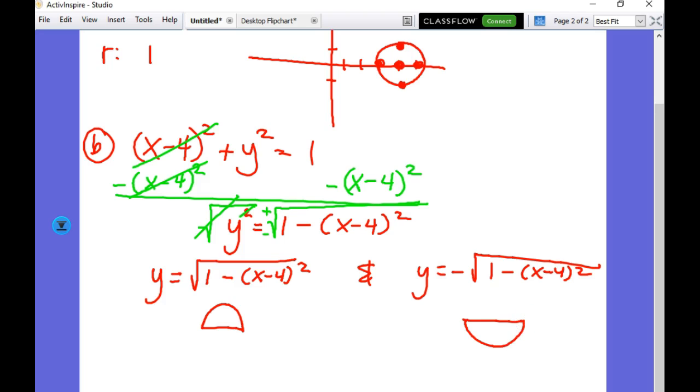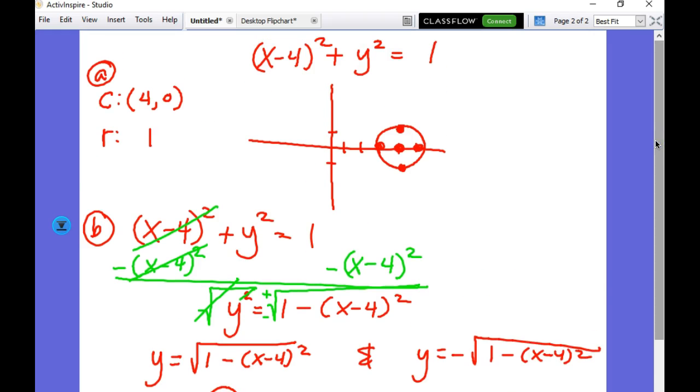So what I've done here is by rewriting this equation, it's the same equation, but by rewriting with the y's by itself, we end up with two equations. And each equation represents a half of the circle. So we're going to come up here and label these now. If you have a highlighter or a different colored pen, that might be helpful here.